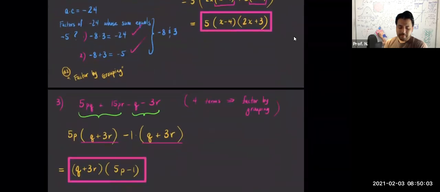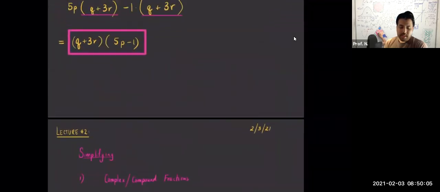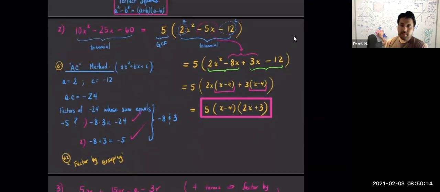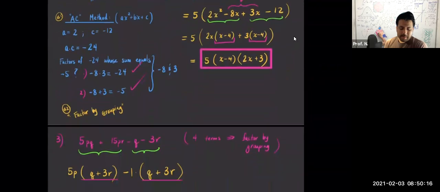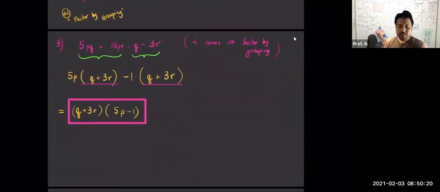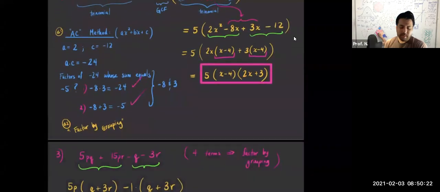All right. So we did a bit of factoring last time, right? We covered GCF, difference of perfect squares, the AC method, and factor by grouping. Those are the major ones that you should know.